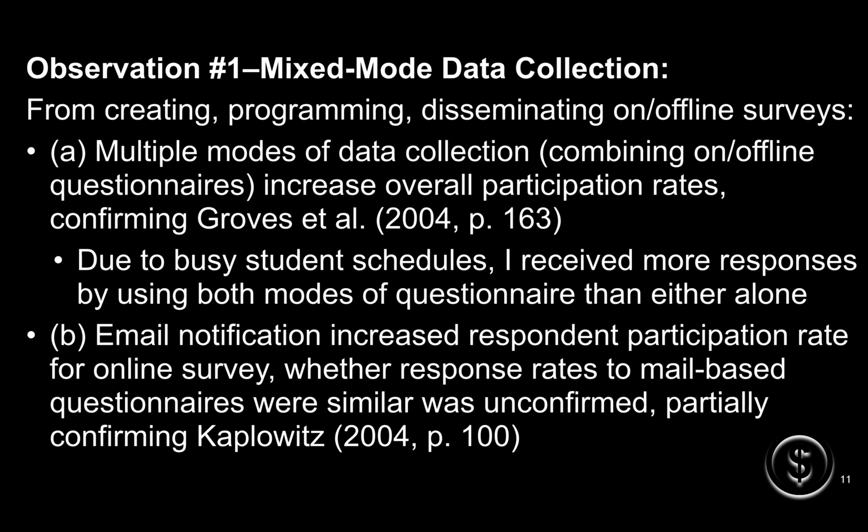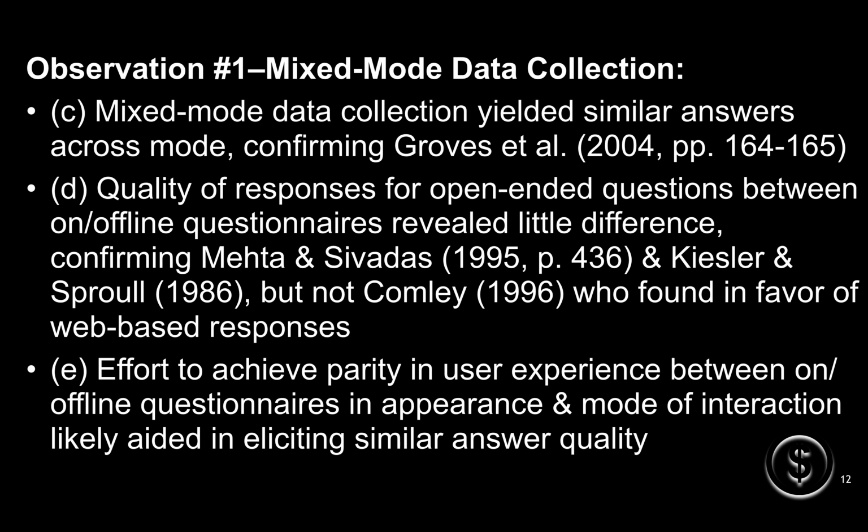B, in terms of email notifications, they help to increase student respondent participation rates for the online survey. And whether the response rates to mail-based questionnaires were similar was unconfirmed. It was difficult to compare that, but email notifications helped. C, mixed mode data collection yielded similar answers across modes, confirming reliability.